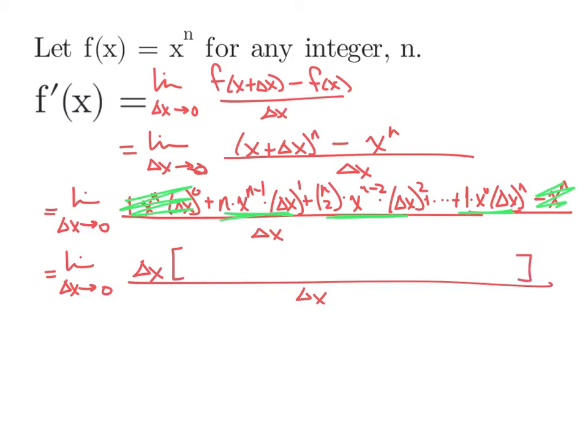And as we go through term by term, first we have n times x to the n minus 1 times delta x. Take that delta x out. We're left with n times x to the n minus 1. The next term, n choose 2, x to the n minus 2. But it says delta x squared.